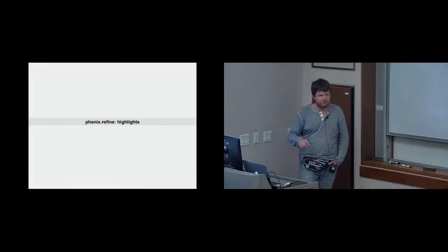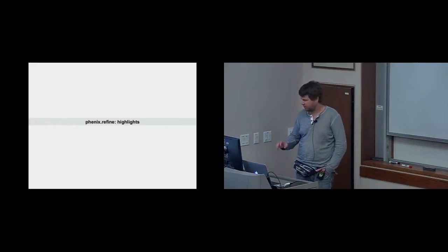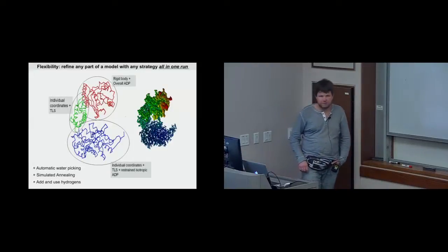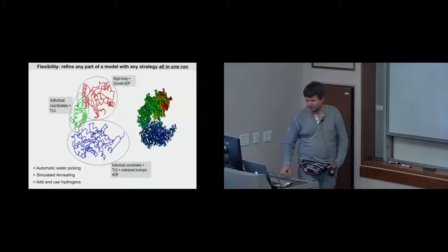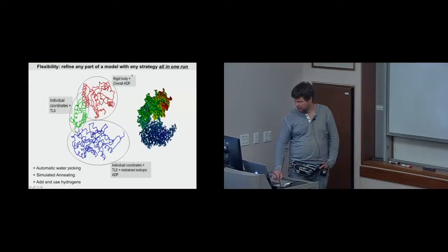So I'm just going to run quickly through highlights that I randomly picked that I think are unique to Phenix.refine compared to other programs. So first of all, it's very flexible. This is a quite crazy example of what you can do in one refinement run. You can refine rigid body, for example, if you have something like this, you can define a rigid body and overall B factor for one part.